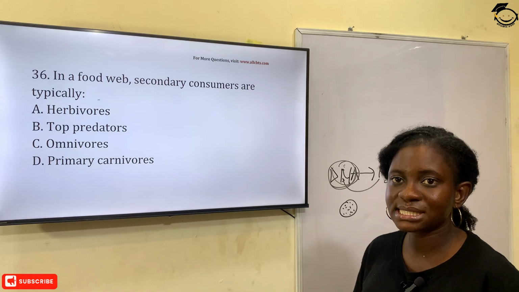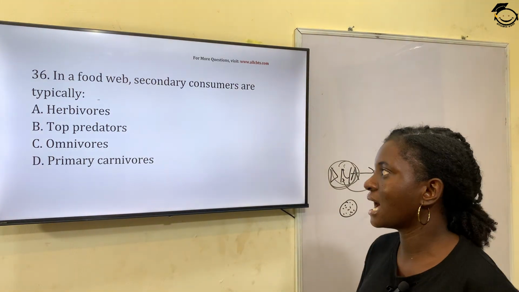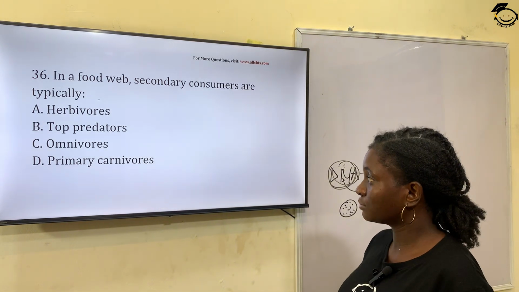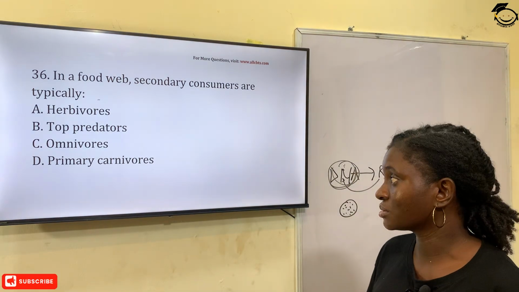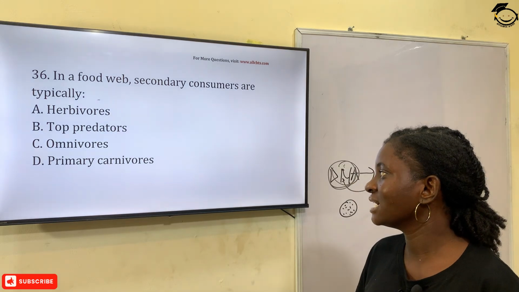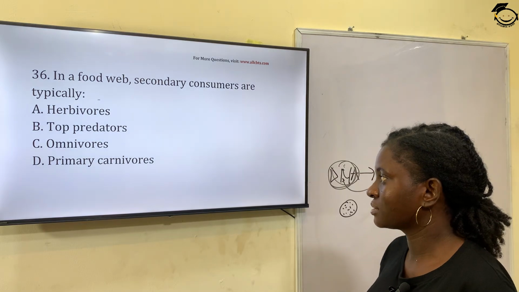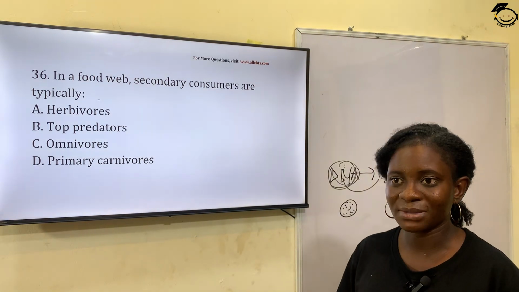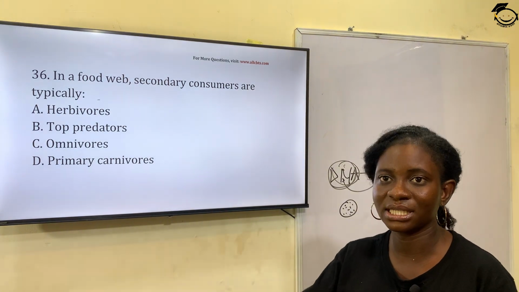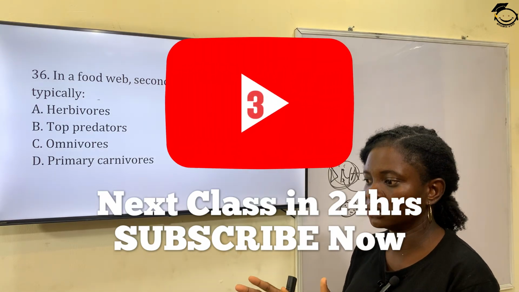Question 36. In a food web, secondary consumers are typically option A, herbivores, option B, top predators, option C, omnivores, option D, primary carnivores. The correct answer is the primary carnivores. They are secondary consumers. They feed on herbivores, so they don't feed directly on plants, just like herbivores that feed directly on plants.